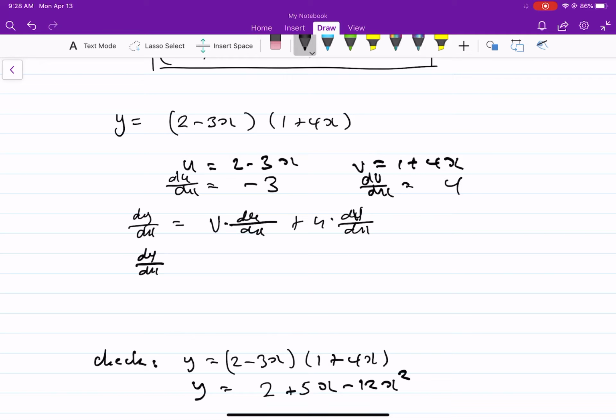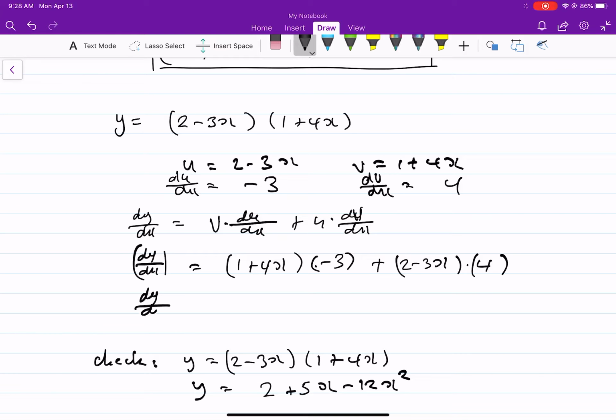Dy dx is v, 1 plus 4x, times du dx, which is negative 3, plus u, 2 minus 3x, times dv dx, which is a plus 4.